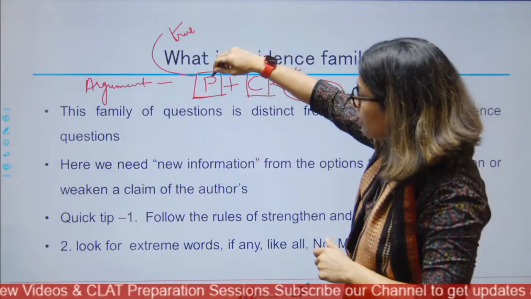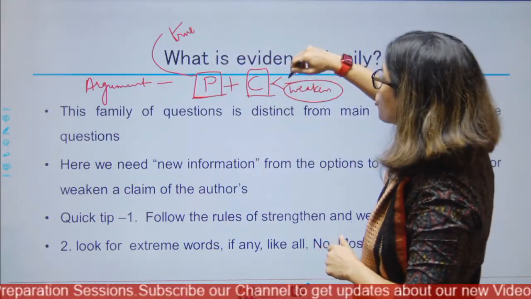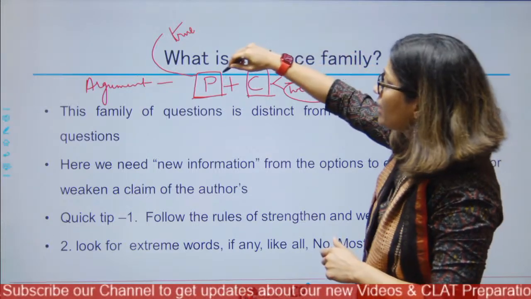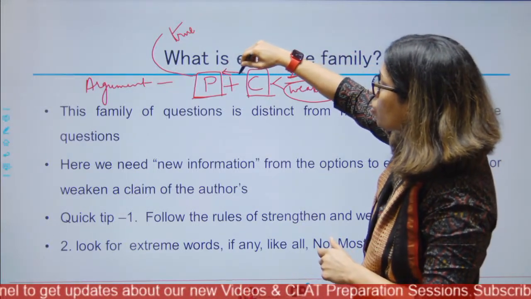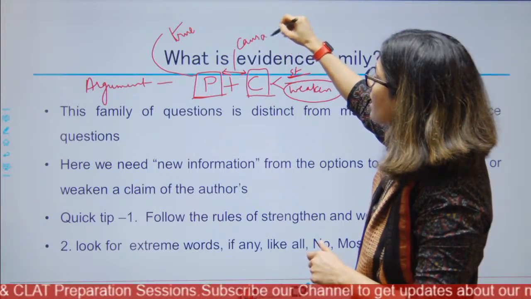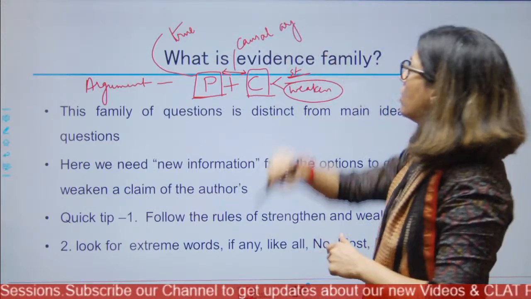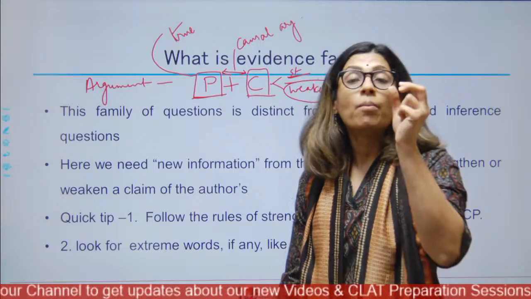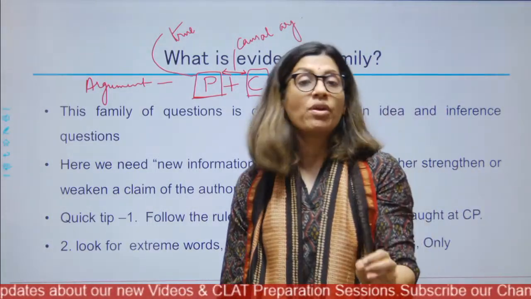Or if this information is true, and you have to strengthen the conclusion or strengthen the relationship between premise and conclusion in what are called causal arguments, then you have to look for more information or new information.